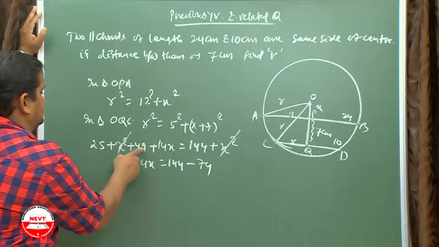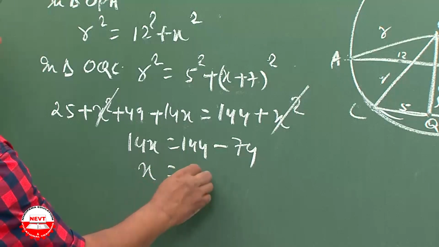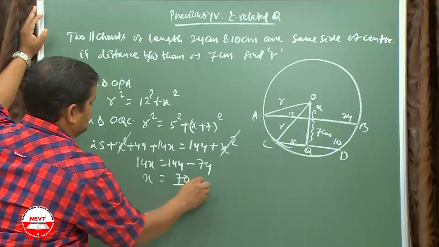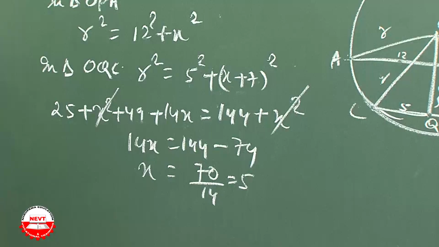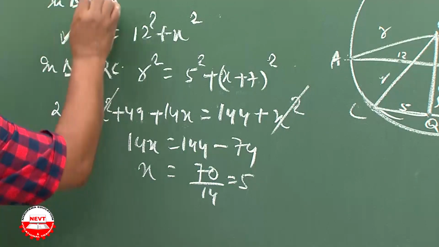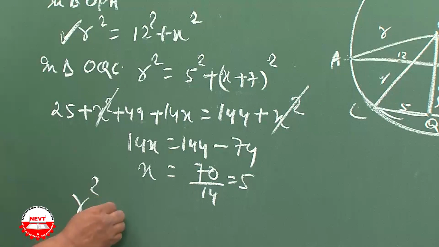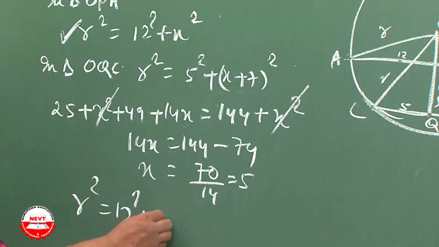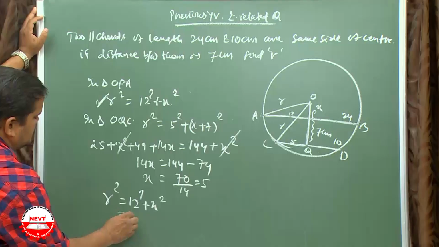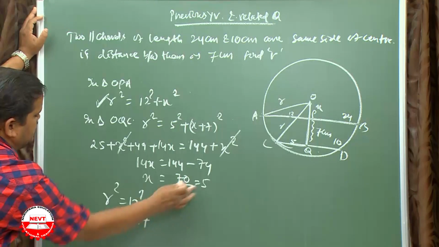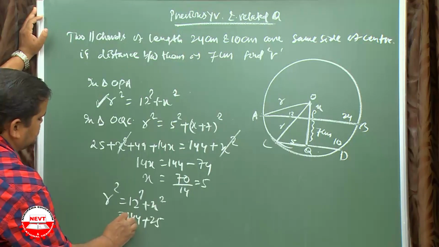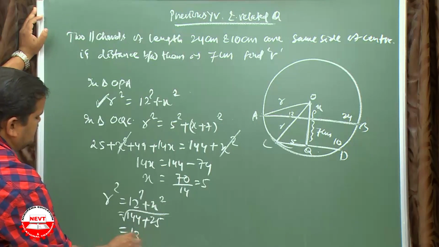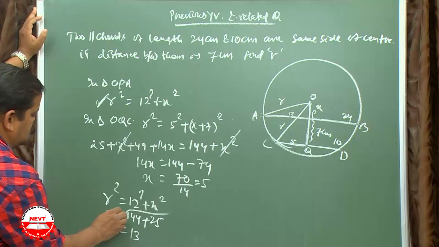You just add this. So x is equal to 5. Now what is the radius? Substitute here. r squared is equal to 12 squared plus x squared, so 144 plus 5 squared, which is 25, is equal to 169. So r is equal to 13.